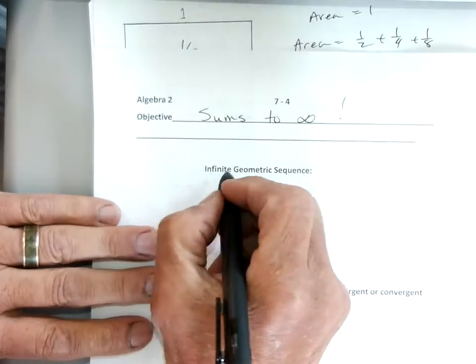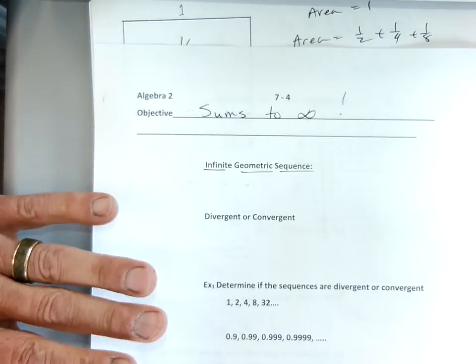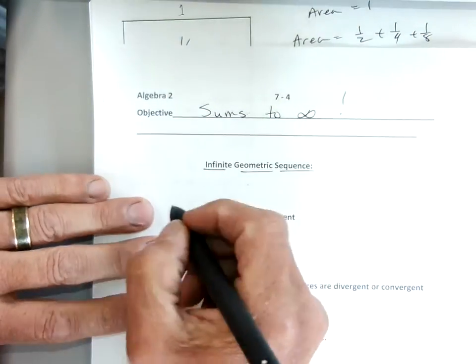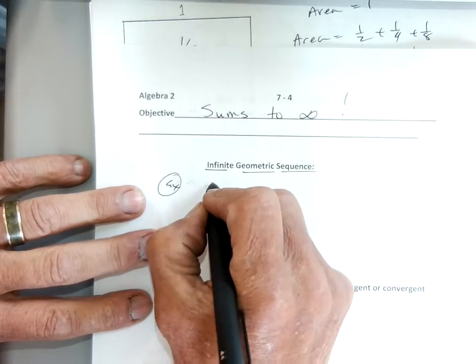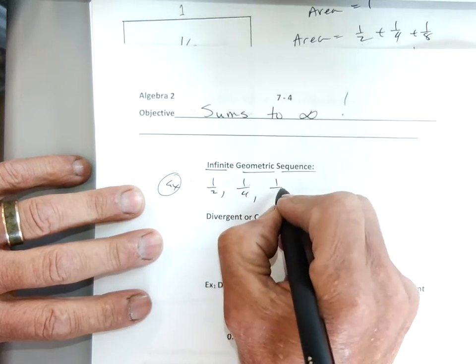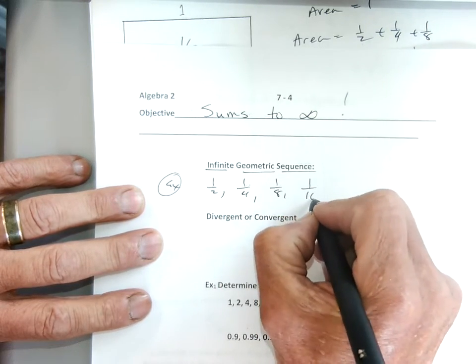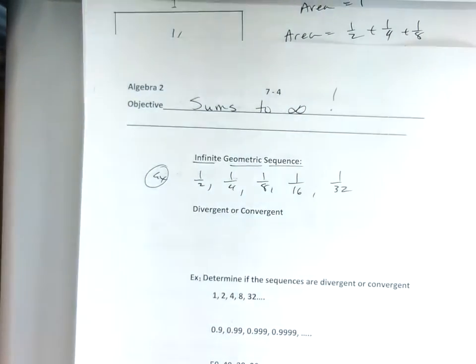So infinite geometric sequences, okay? So an infinite geometric sequence is a listed number, so for example, if I had my 1/2, comma, 1/4, comma, 1/8, comma, 1/16, comma, 1/32, write that down.